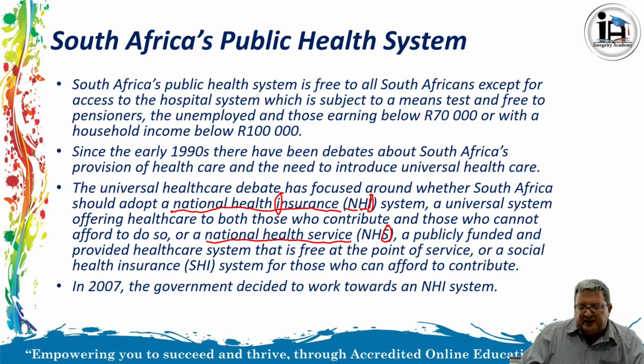And then we get the social health insurance, the S for social and the I for insurance. That's the three, but our government decided to look at the NHI system, the National Health Insurance system.